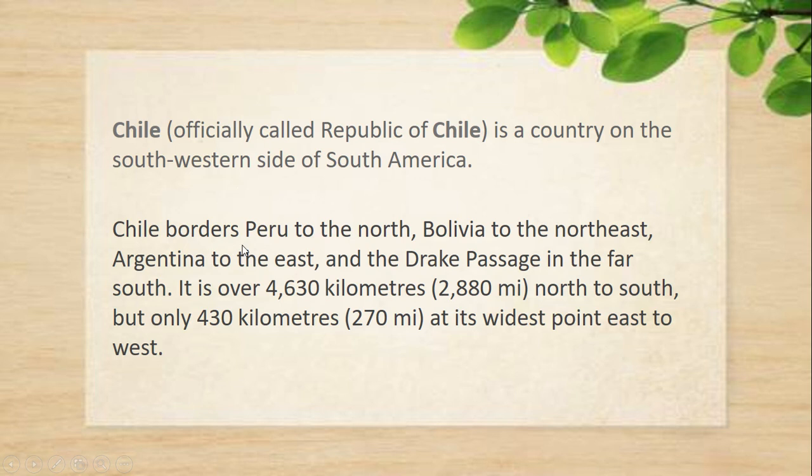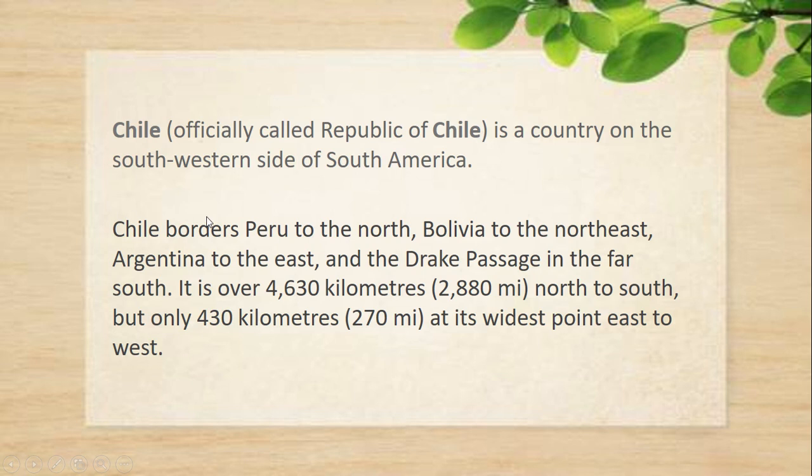If you look at the map, you can see Chile borders Peru to the north, Bolivia to the northeastern part, Argentina to the east, and the Drake Passage in the far south. It is over 4,630 kilometers north to south, but only 430 kilometers at its widest point east to west. So normally, which city is the antipode of Dhaka?